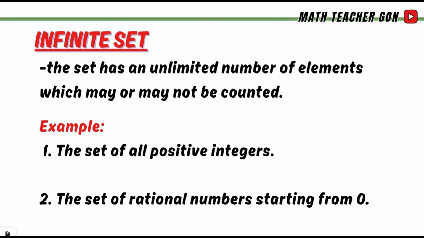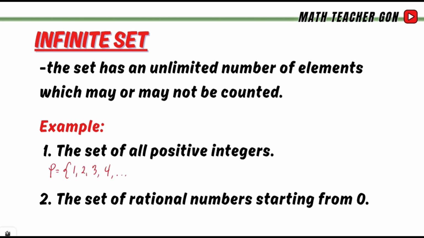For the infinite set, the set has unlimited number of elements which may or may not be counted. So let's have the following: the set of all positive integers. Let's use P for the positive integers. So it starts with 1, 2, 3, 4. And since this is unlimited number of elements, you can write 3 dots.